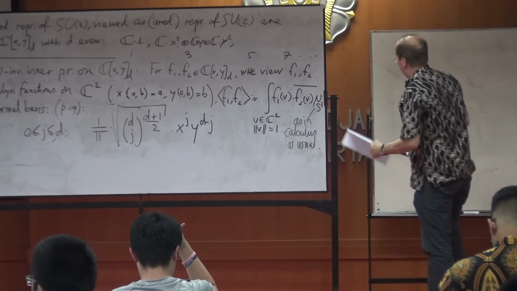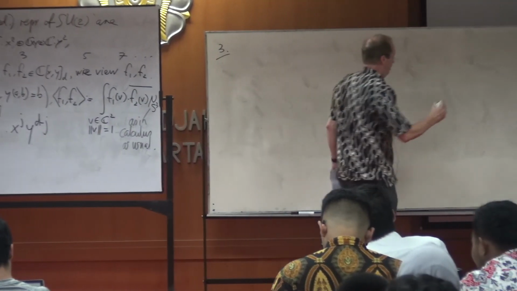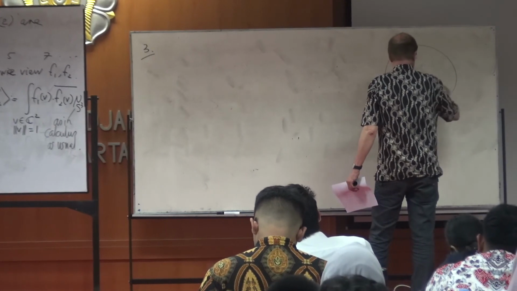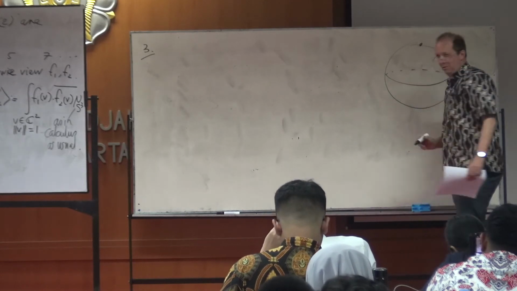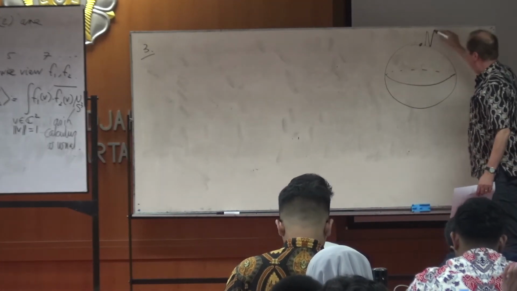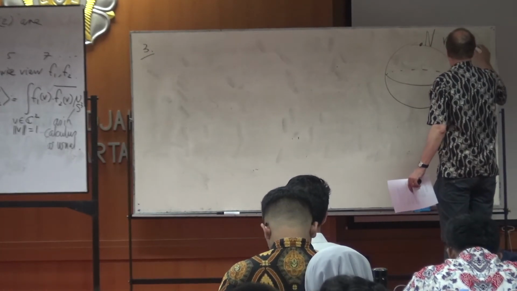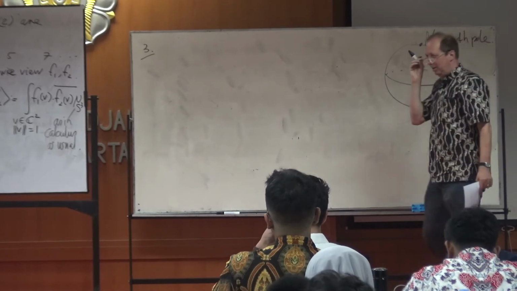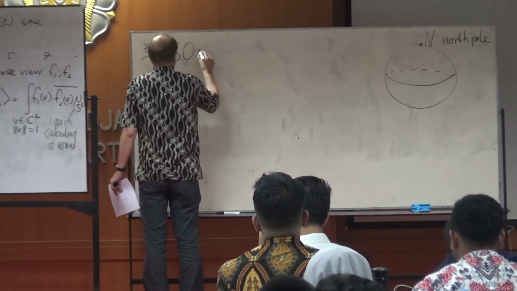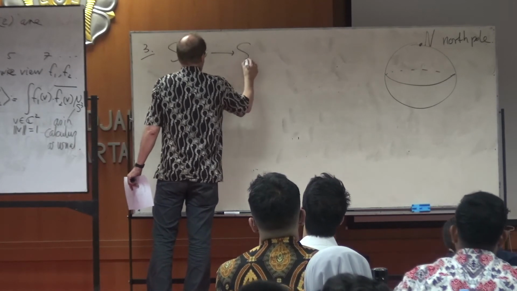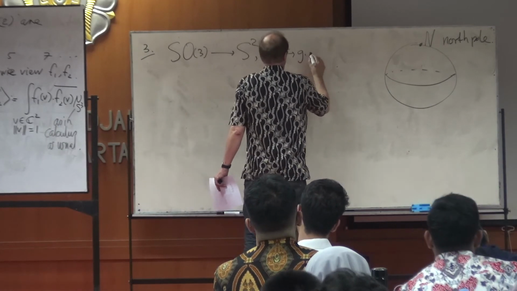So step 3. So here is the two-sphere. And this, what is this called? North Pole, right? The North Pole. And this is our base point on the two-sphere. So we make a map from SO3 to S2 by sending an element G to G times the North Pole.